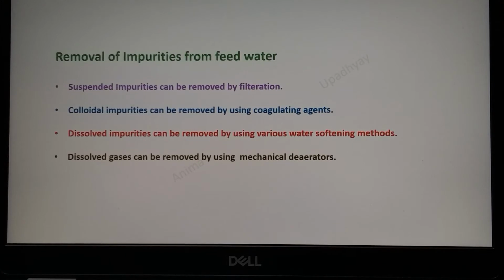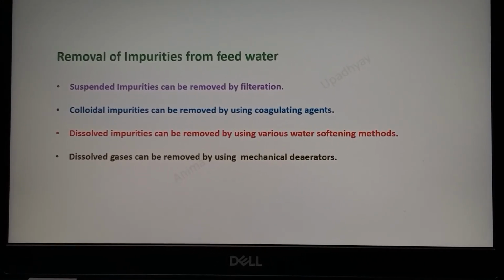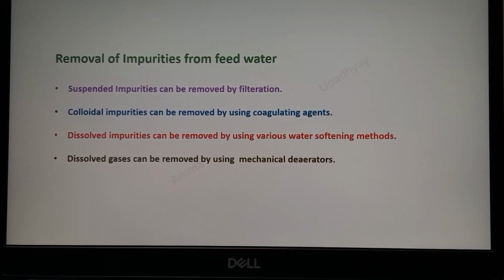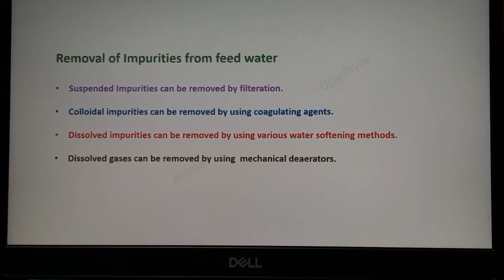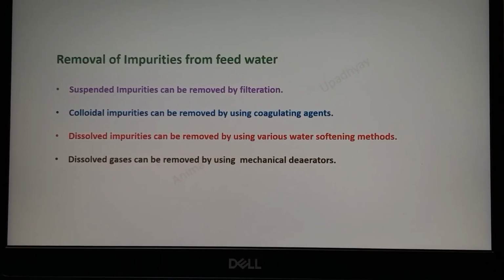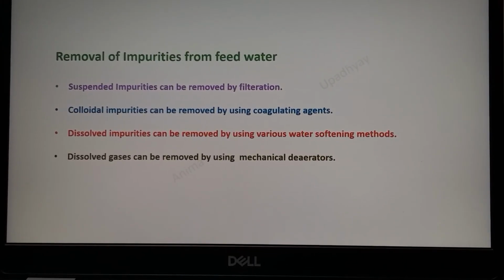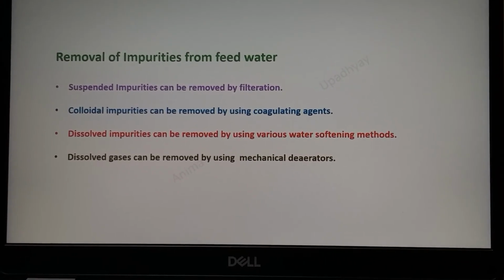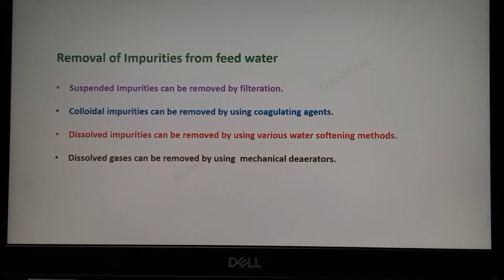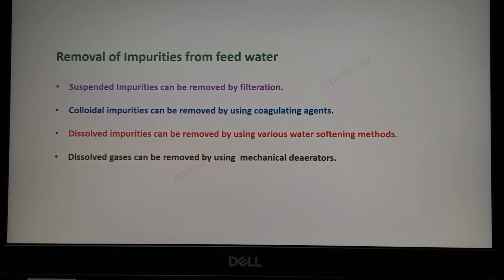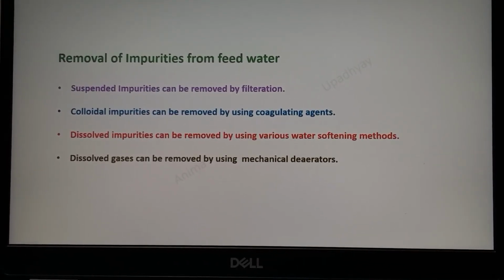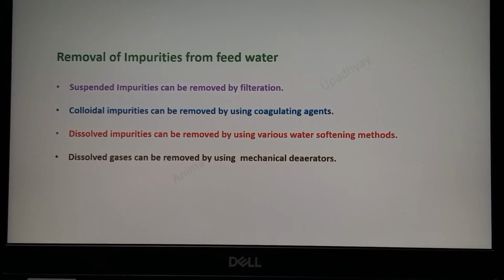Colloidal impurities can be removed using coagulating agents. As we know, the colloidal impurities are charged. So if we add coagulating agents like sodium aluminate, ferric chloride, then the charged particles of the colloidal impurities get precipitated and finally they are removed by filtration.